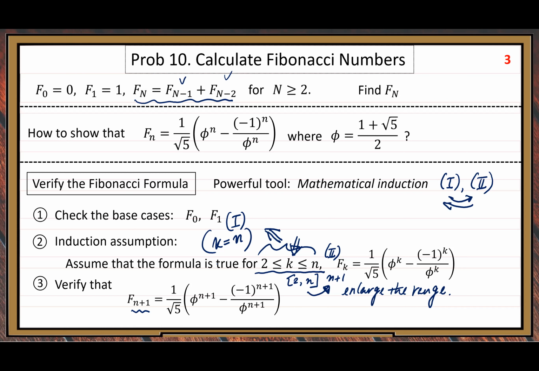But in version 2, we make that range larger, not just n, covering all the integers in this closed interval, from 2 through n.